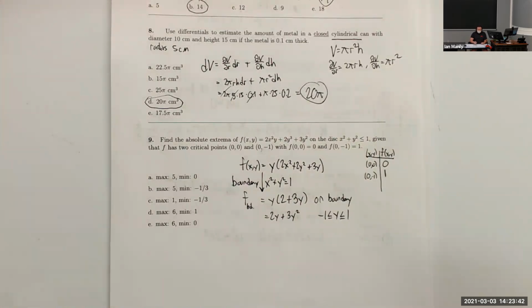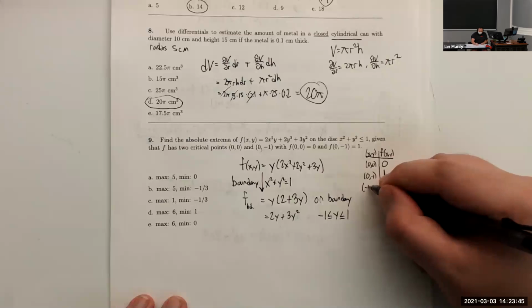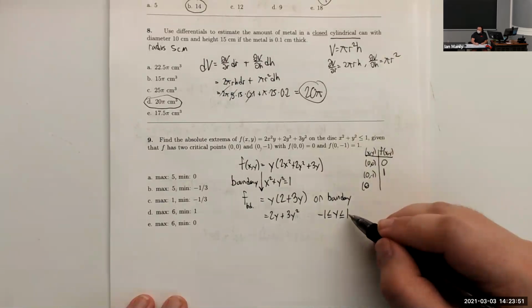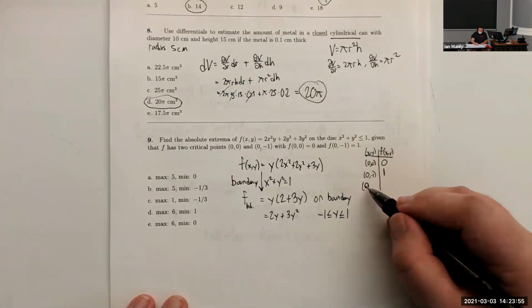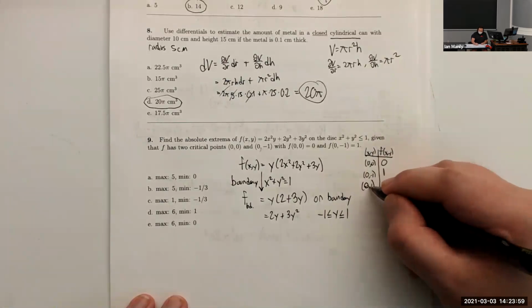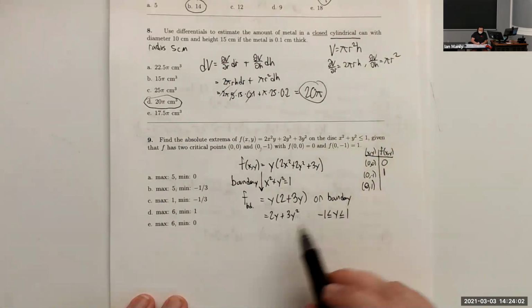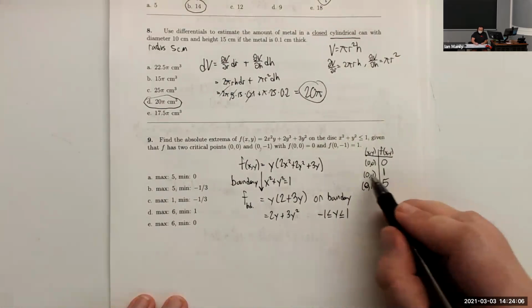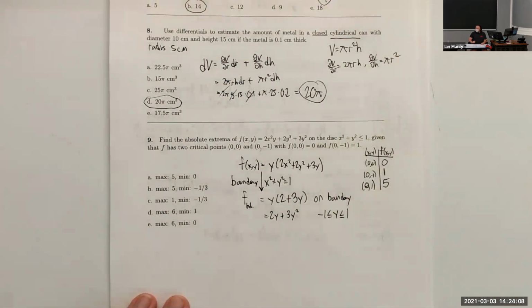So we need to include those on our list as well. So if x is 0, y is -1. Oh, we already have that point. Well, then if we include this bound right here, we have 0 and then 1. And what will that be if we plug it in here? It's going to be 5. Okay, so this one's been knocked out from being an absolute anything right here.